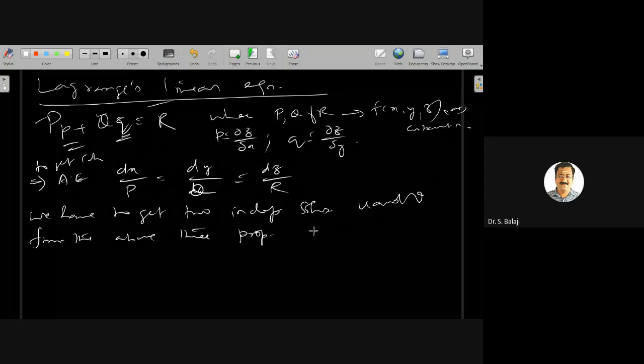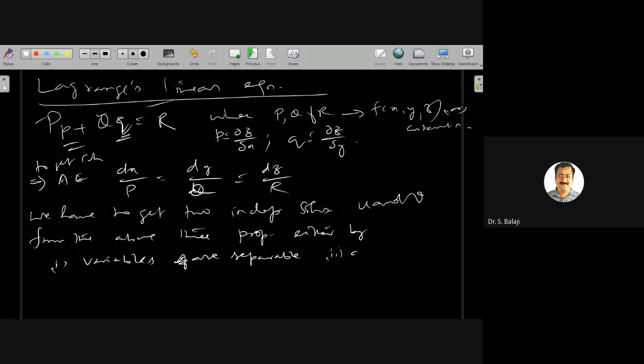Either the variables are separable, or number two, by algebra of proportion.